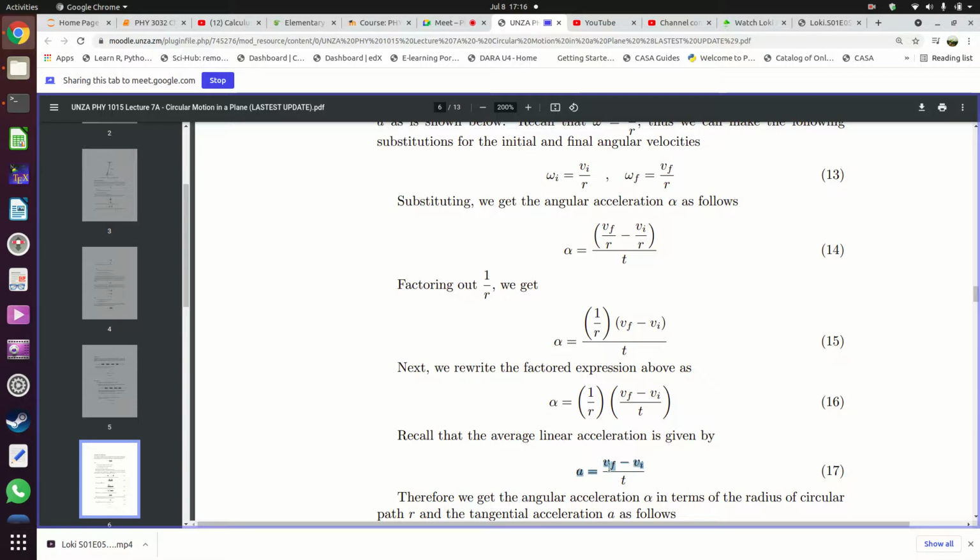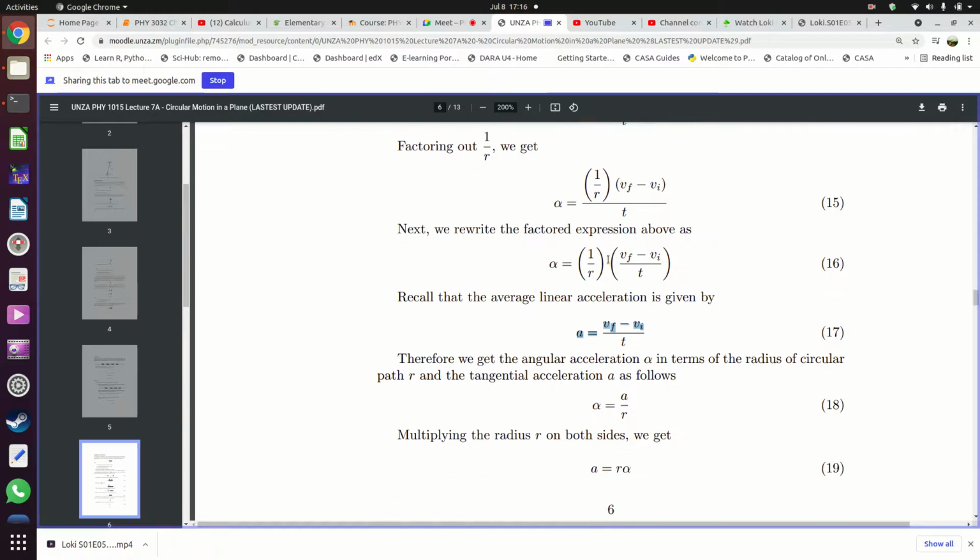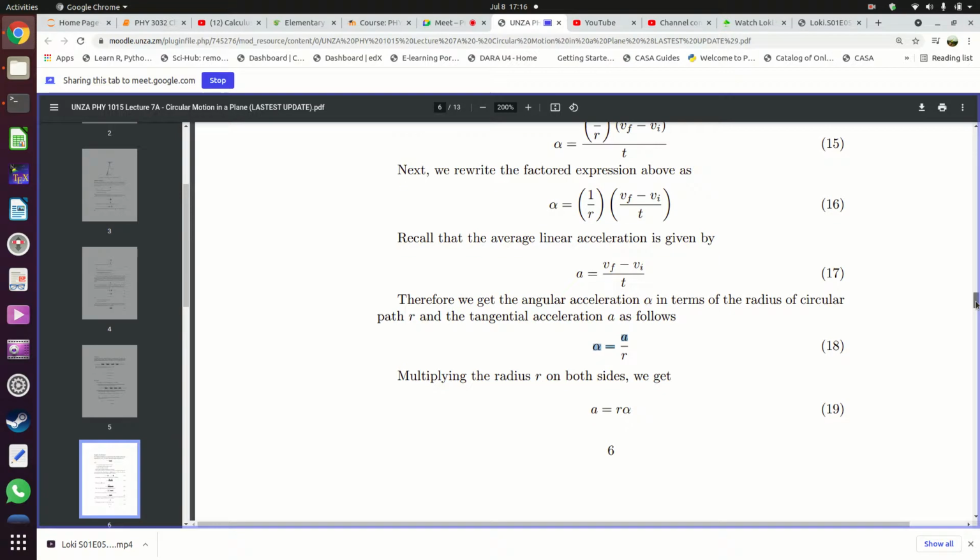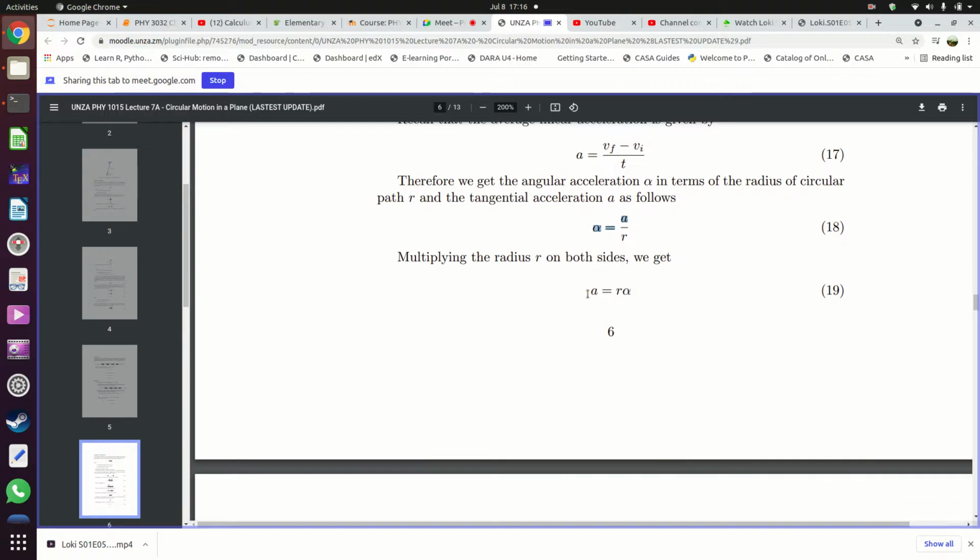So a is equal to vf minus vi divided by t. This whole thing in brackets we can replace with a. So we end up with alpha equal to a divided by r. Then you multiply both sides by r, and we end up with a equal to r alpha.